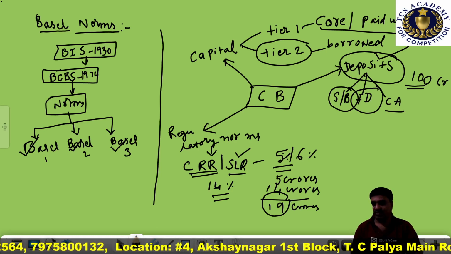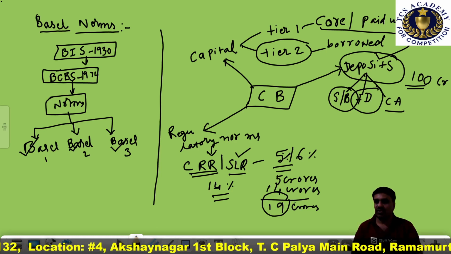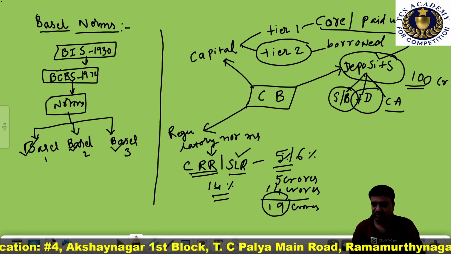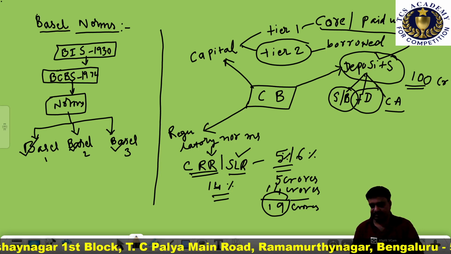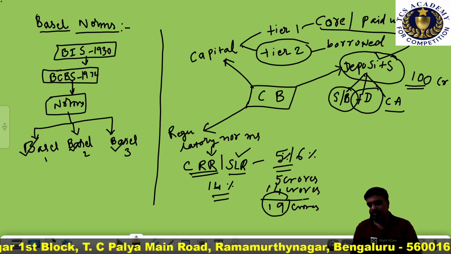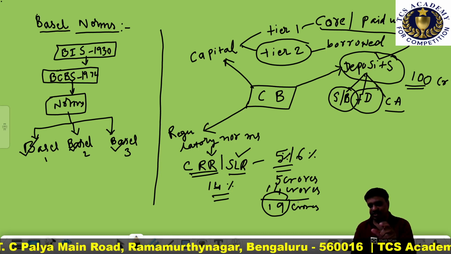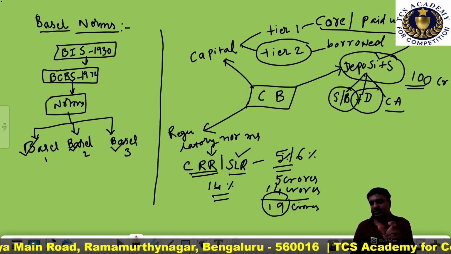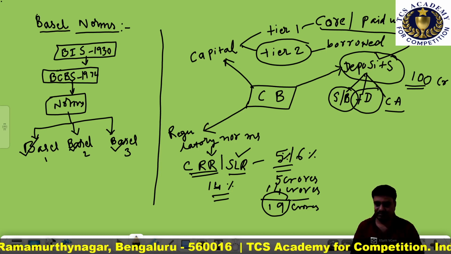The banker has to comply with these two norms. These are called regulatory norms, which are issued from time to time by the RBI. So out of 100 crores, 19 percent is for regulatory norms. One is SLR and another one is CRR.